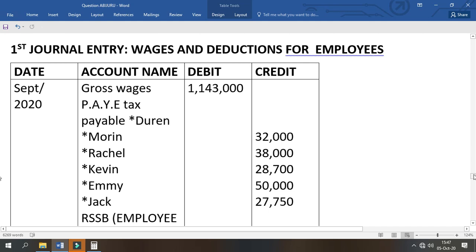First of all, when you have already made your payroll, you must debit the gross wages, the gross wages for both permanent employees and casual laborers or temporary employees. Here, the gross wages for our permanent and casual labor employees is equal to 1,143,000.